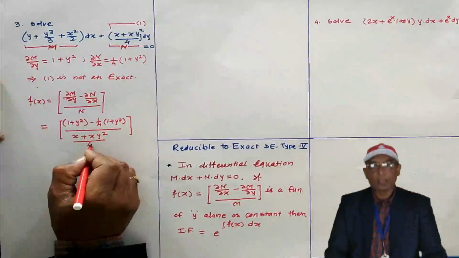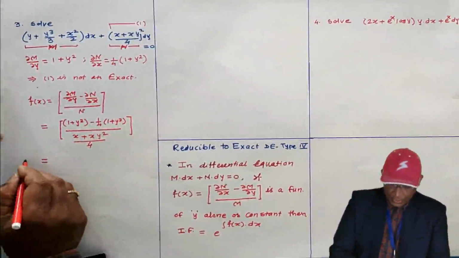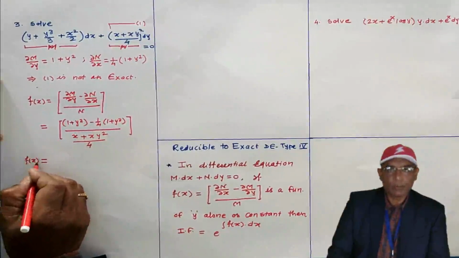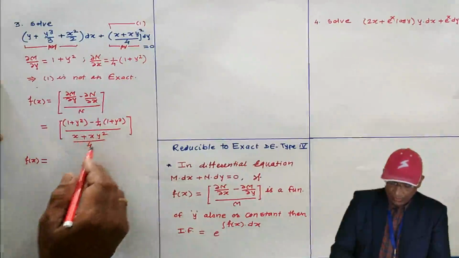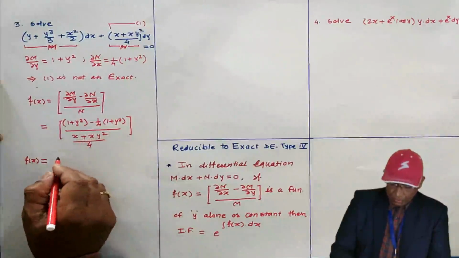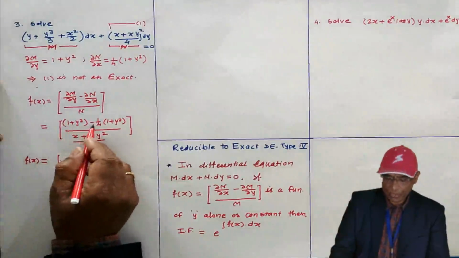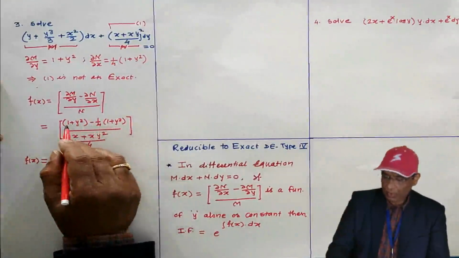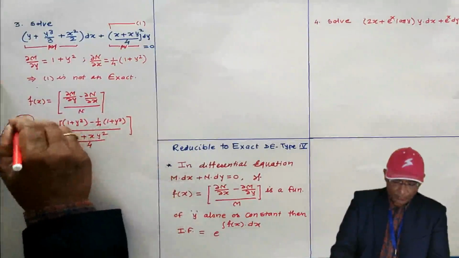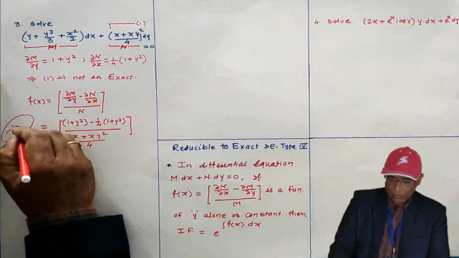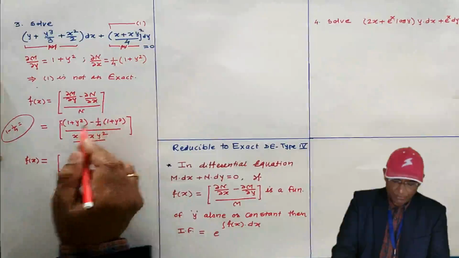Now, try to simplify f(x) fully. Some cancellations and multiplications you just have to perform. 1 plus y square minus 1 by 4 times (1 plus y square) means 1 minus 1 by 4, which is 3 by 4.